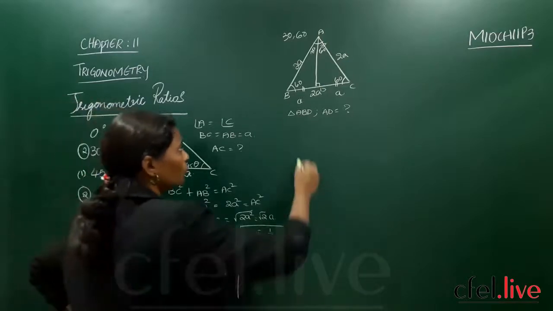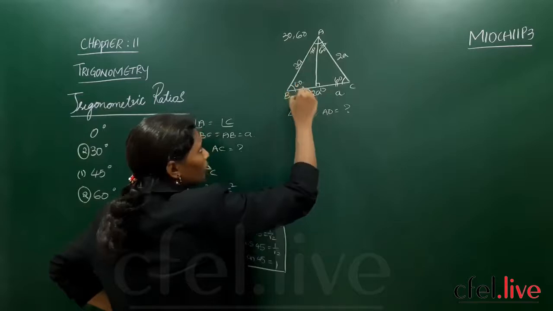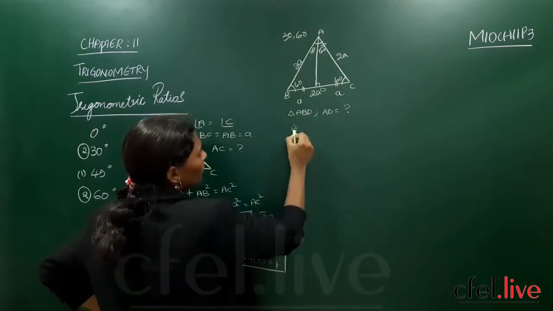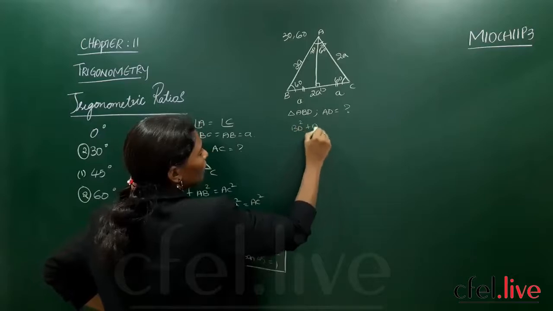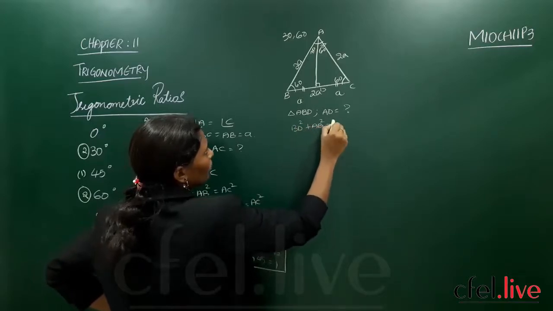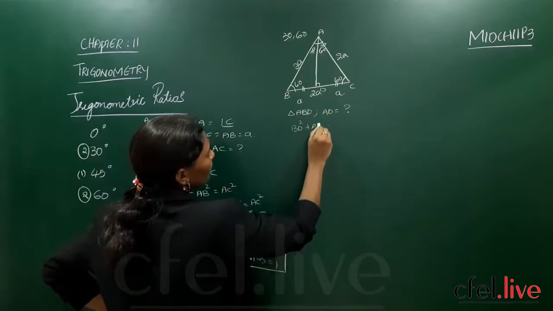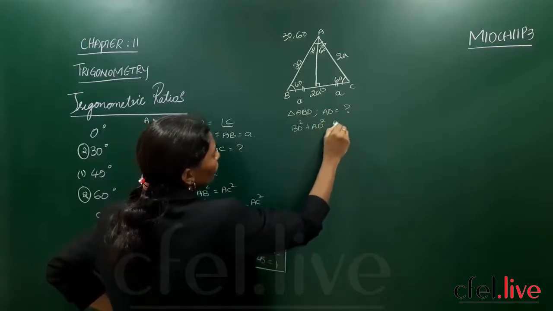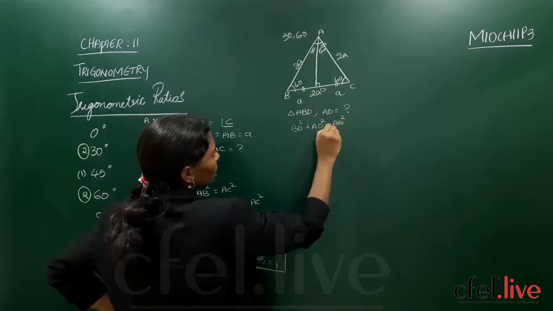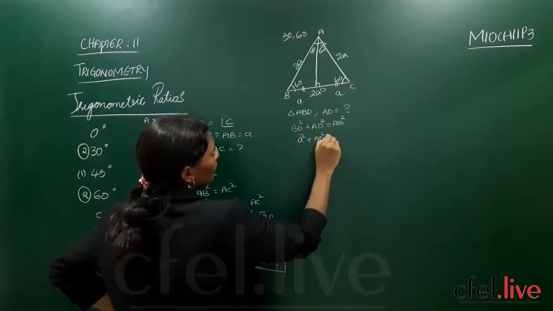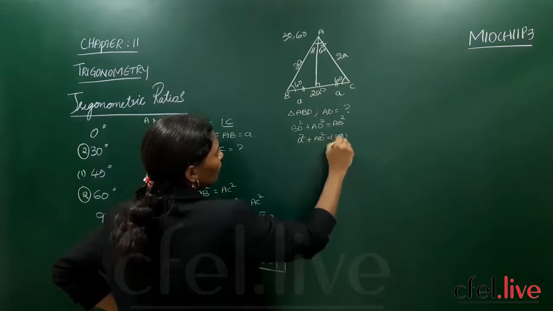Got it? Now first you find out the side AD. Why? Because here A and 2A are given to you. So BD square plus AD square is equal to AB square. So A square plus AD square is equal to 2A whole square.